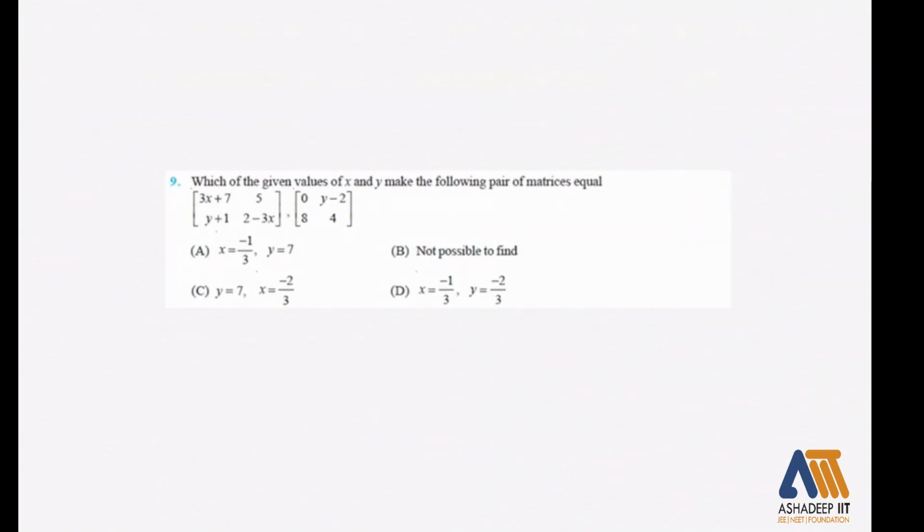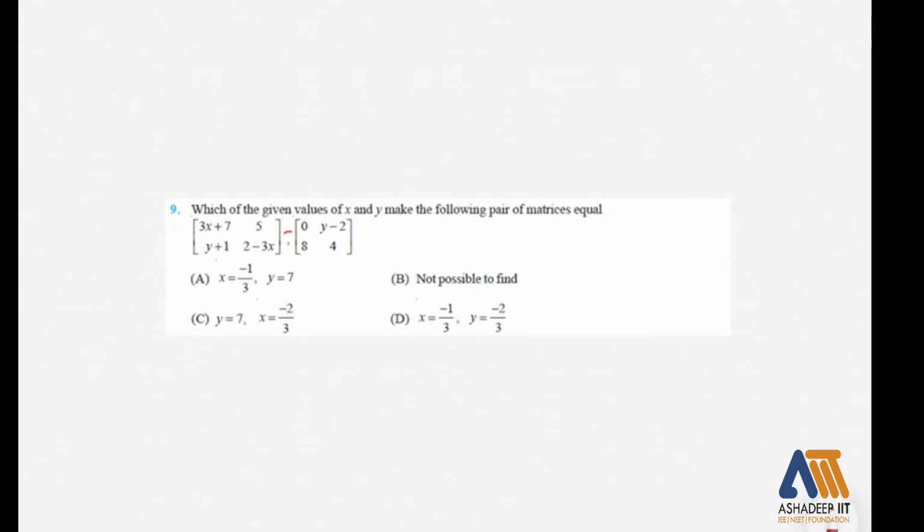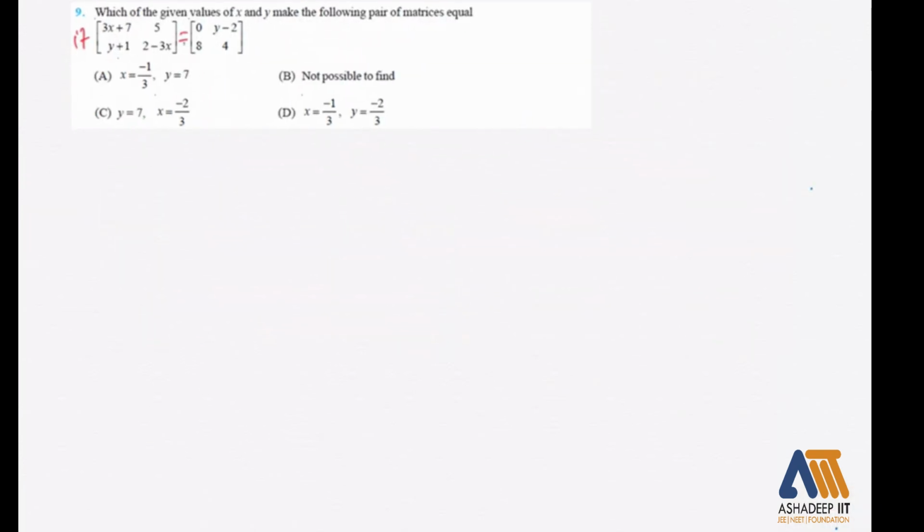Which of the given values of x and y makes the following pair of matrices equal? Here, if these two are equal, we need to find the value of x and y. So first, directly if we write 3x plus 7 is 0, then x is equal to minus 7 upon 3.